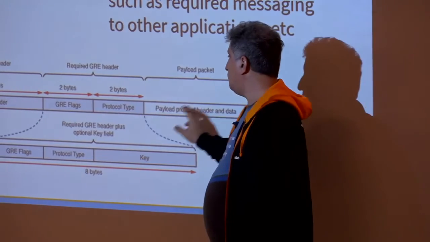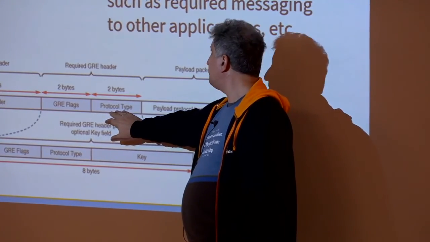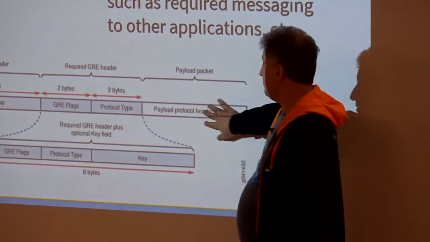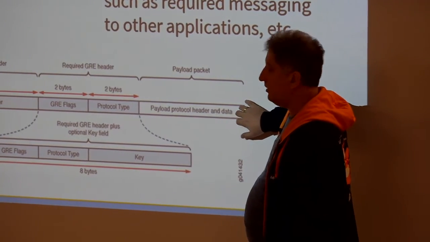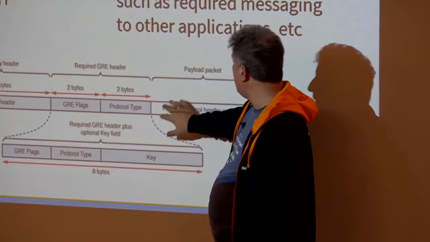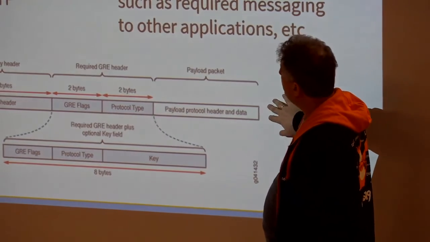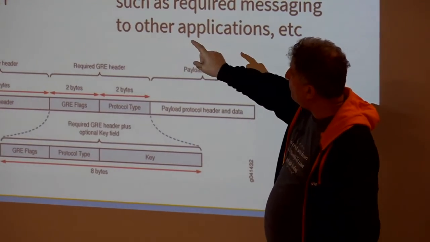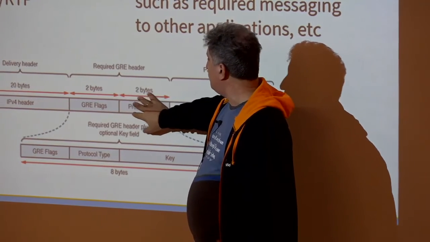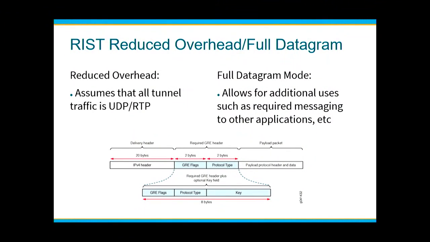So you can do a standard IP payload, which is a full datagram mode, and then this now becomes just an IP datagram. You're going to have another IPv4 header or an IPv6, whatever you prefer, and then your payload under it. But we also added support for a new protocol type that's not part of the normal GRE specification, specific for RIST, to use it for reduced overhead.